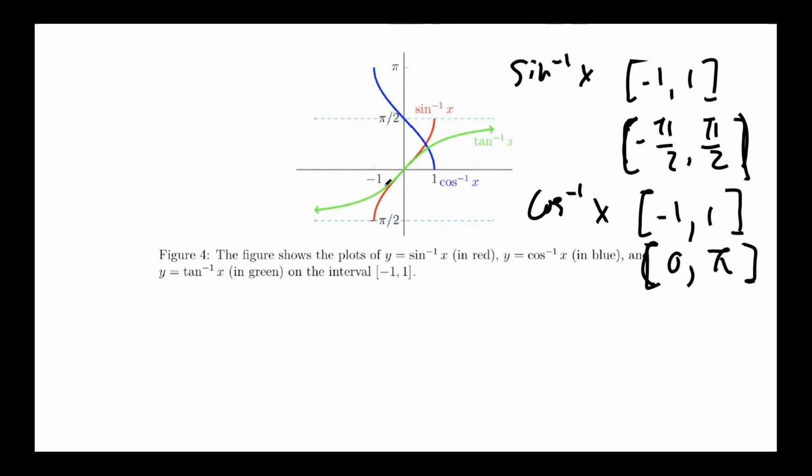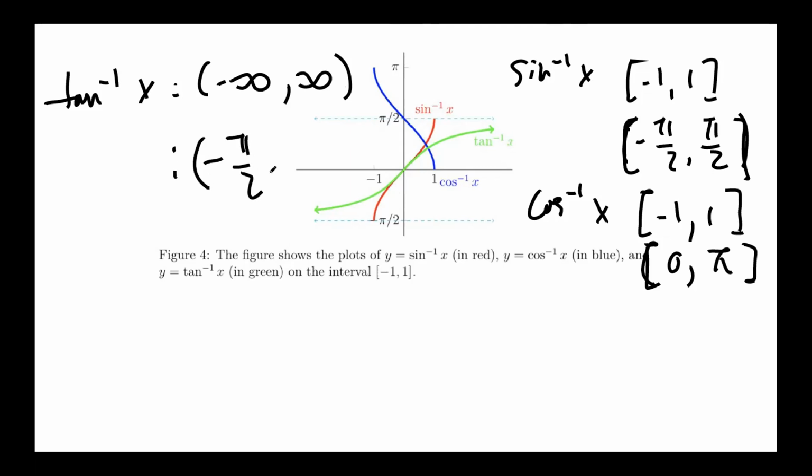And then the tangent inverse, it's defined over all real numbers. So from negative infinity to infinity. And its range will also be from negative pi over 2 to pi over 2.